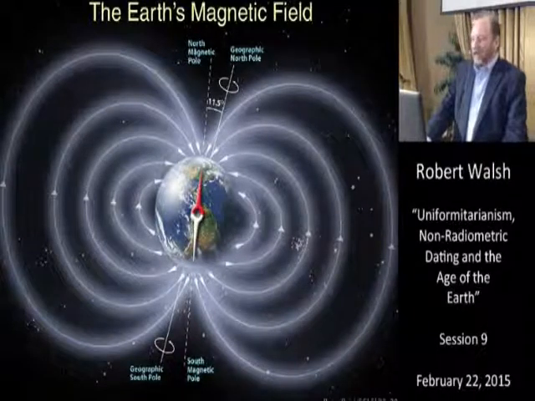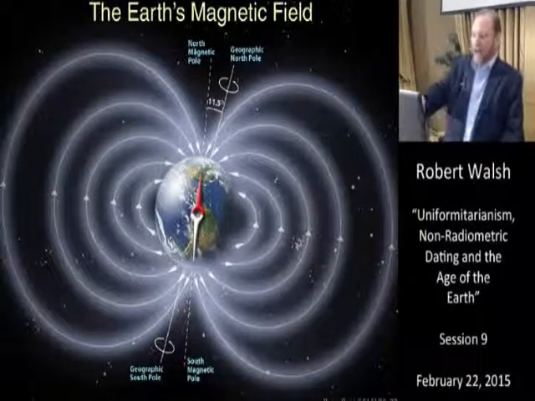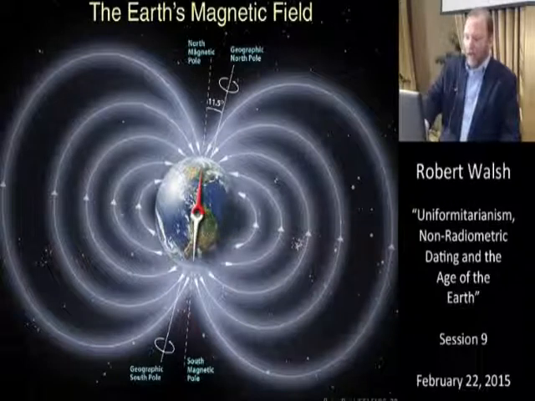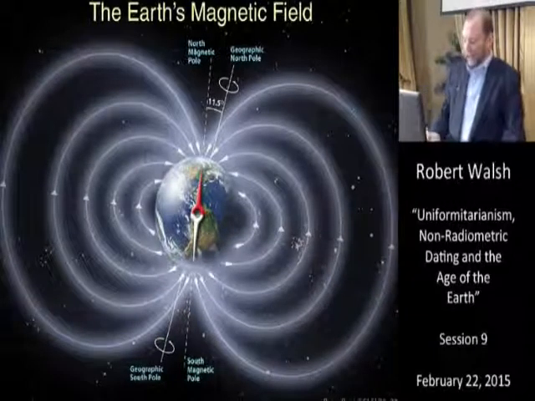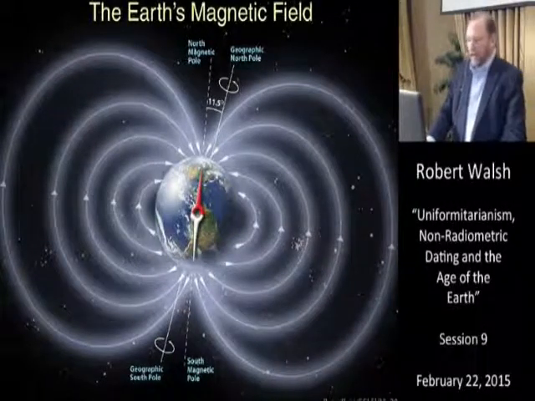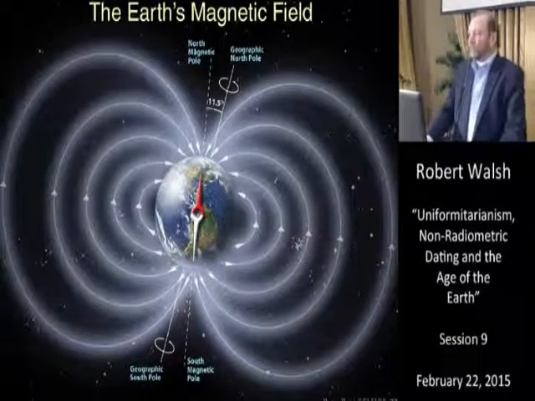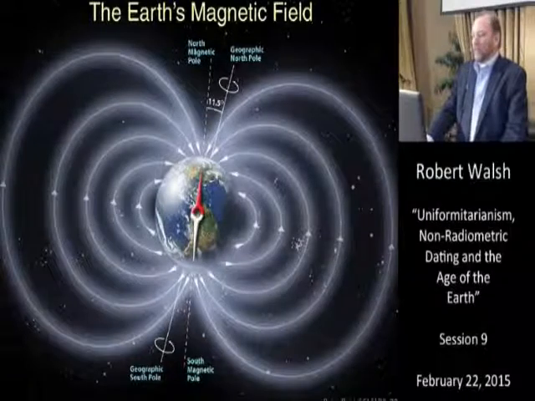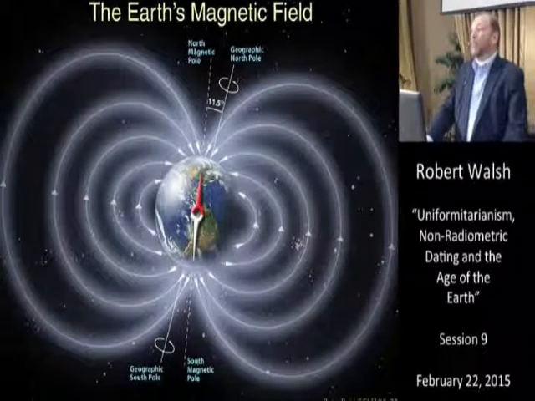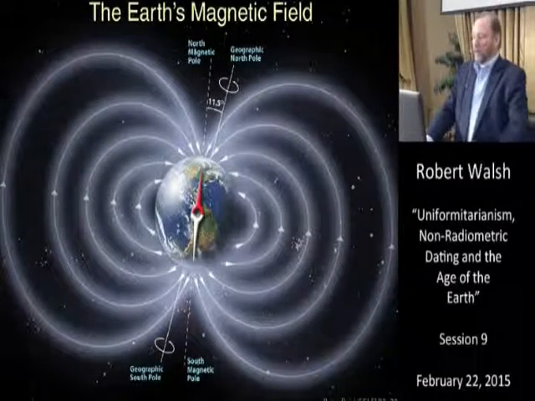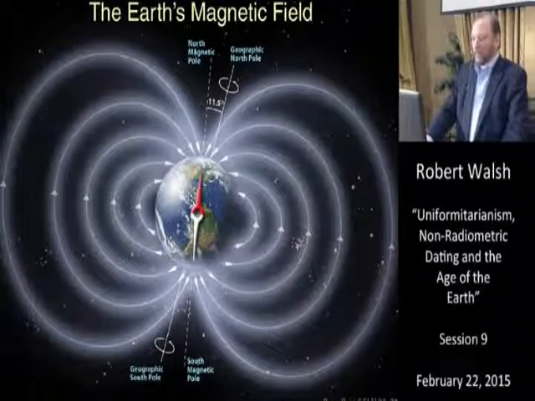The magnetic lines of flux come out of the South Pole, turn around, and go back in the North Pole. Okay? And that's what the primary field looks like. It's called a dipole field. There are other harmonics, if you will, of the field, but we're looking at the primary field here now.